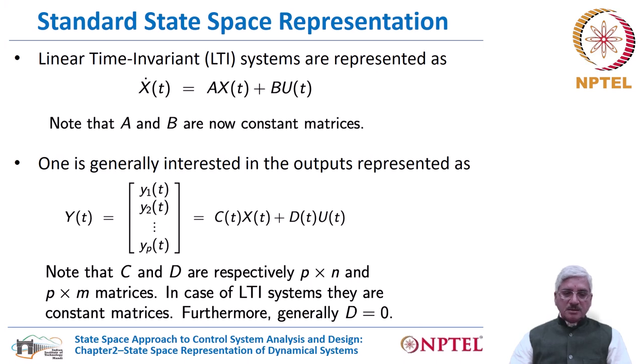In case of a linear time varying system it is expressed as C(t) times x(t) plus D(t) times u(t). That is, the outputs are a linear combination of states and inputs both.